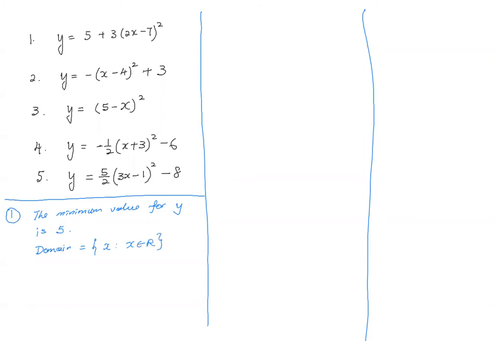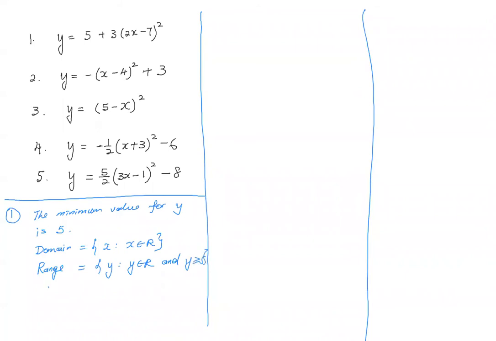So what will my range be? Can someone tell me? What will the range be? Y greater or equal to 5. Yeah, y will be greater than or equal to 5.